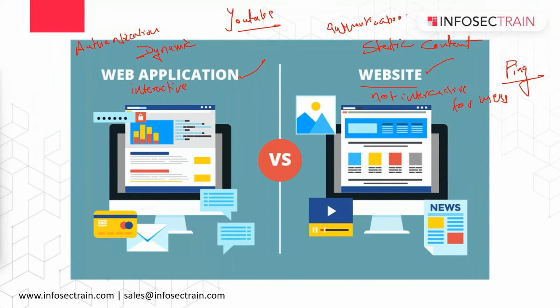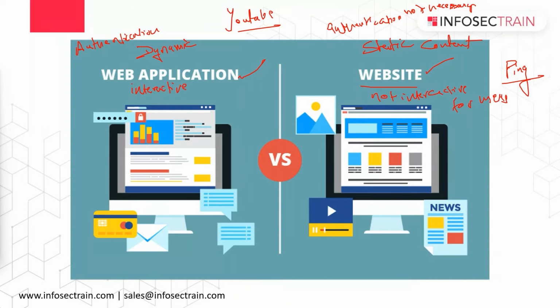Anyone who is not aware of authentication: authentication means checking that the user is the same person he or she is claiming to be. So if I'm claiming to be Ashish, authentication will find out if I'm telling the truth or not.